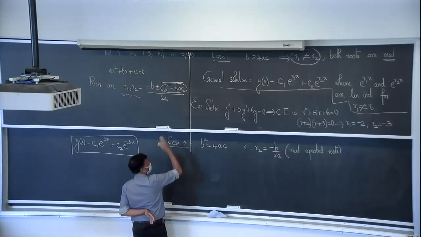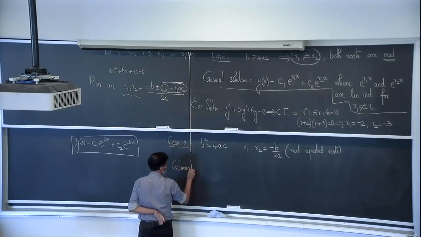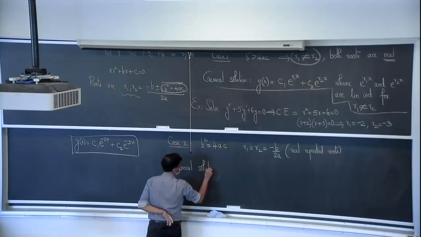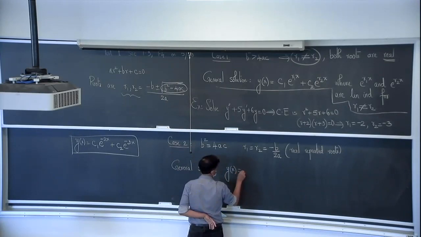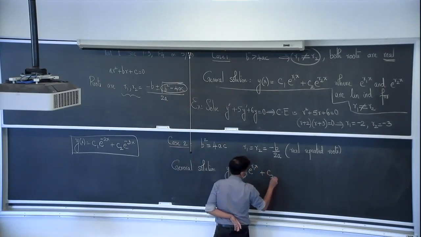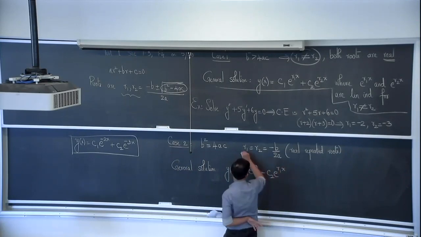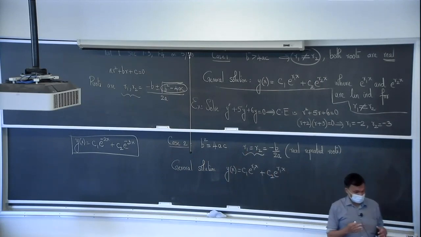So according to what we have written earlier, the general solution should look like this: y of x equal to c1 e to the power of r1x plus c2 e to the power of r1x, because r1 and r2 are the same. My question is, is this correct?